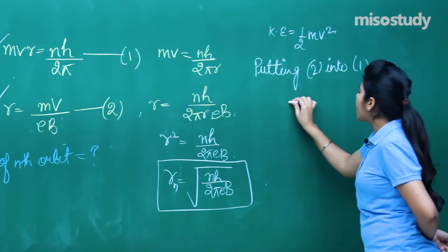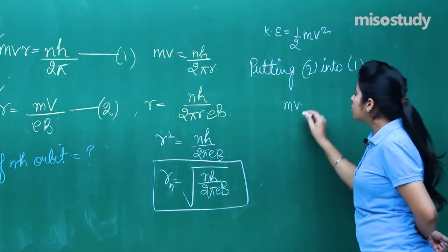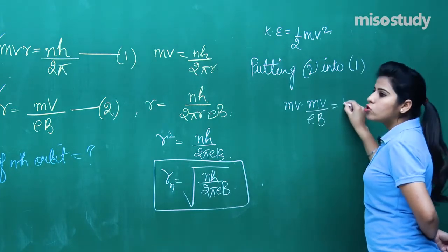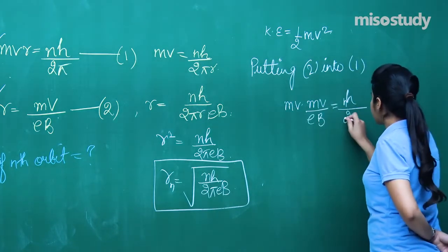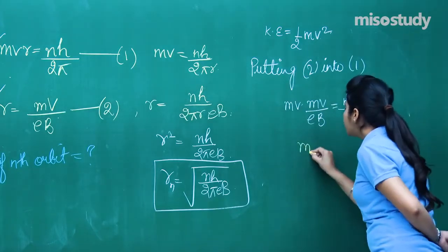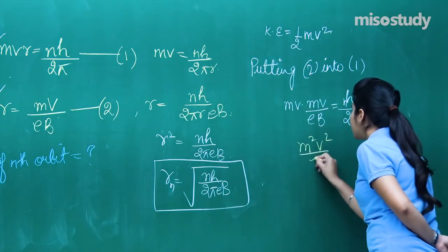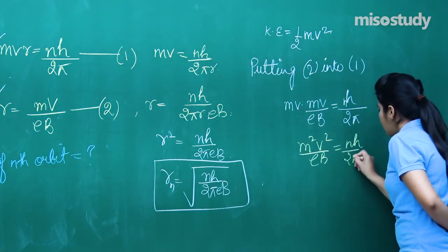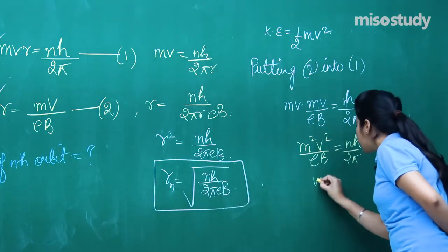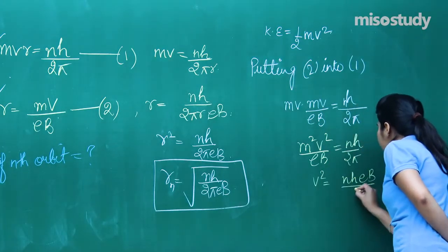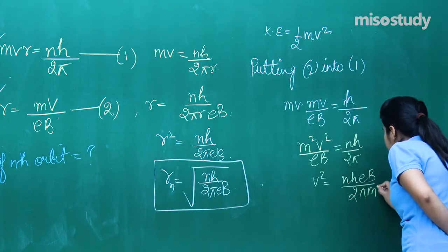We will have mv into r, that is mv upon eB, equals nh upon 2 pi. That means m squared v squared upon eB equals nh upon 2 pi. Or you can see here v squared will be equal to nh eB upon 2 pi m squared.